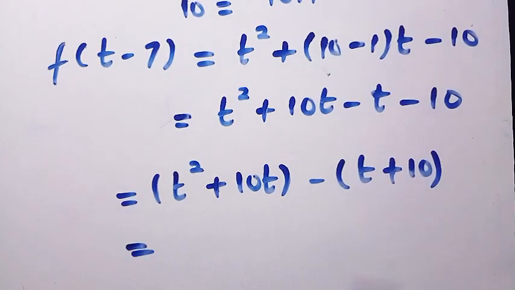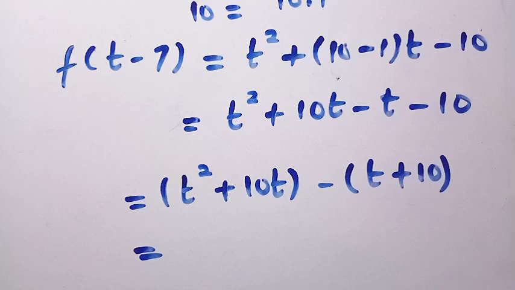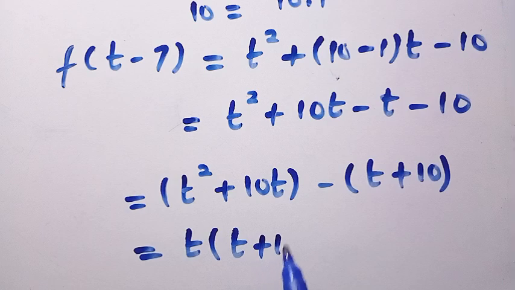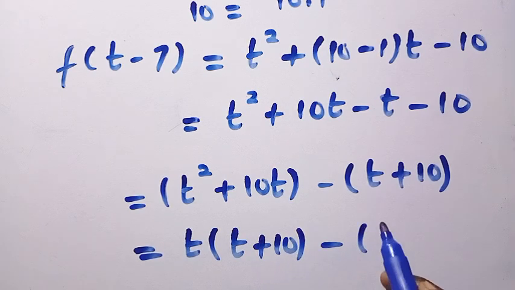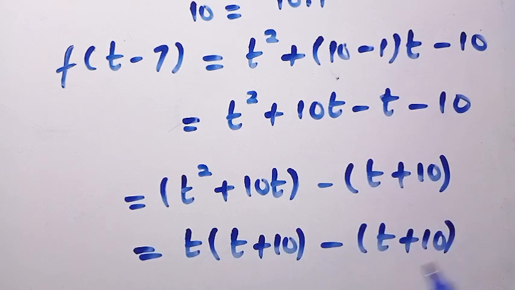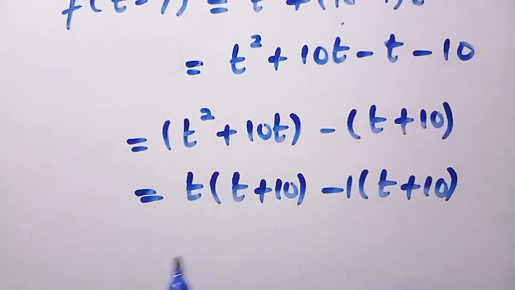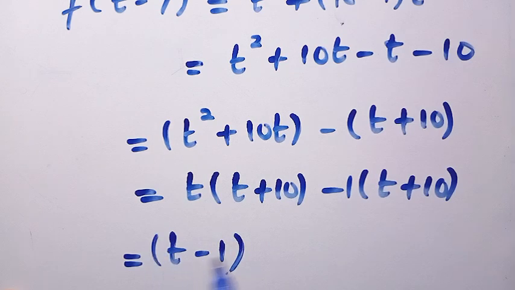In the next step, t is common, so take out t, then in the bracket we have t plus 10, minus also t plus 10, but here we have 1. So we try and combine this together. We have t minus 1, and here is t plus 10.